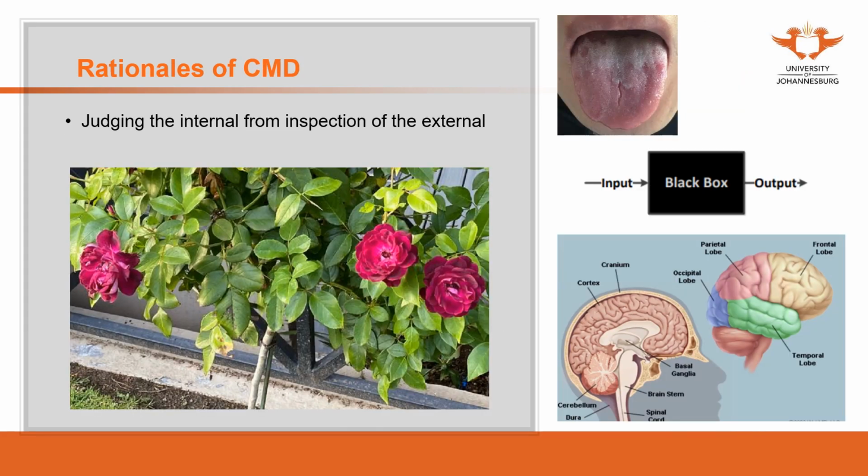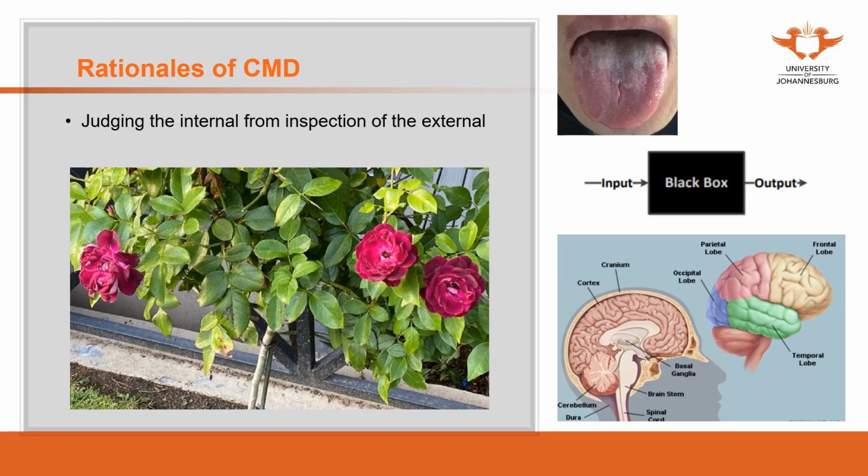Firstly, judging the internal from its expression from the external. This theory is very similar to the black box theory. The black box theory was developed a few hundred years ago.